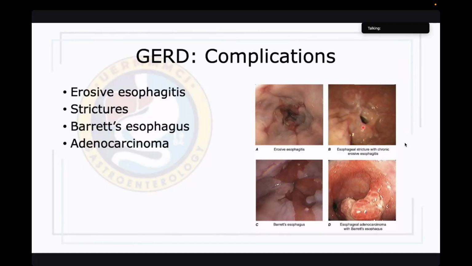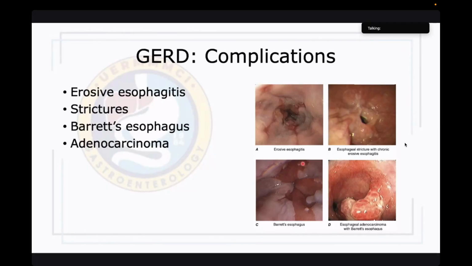If with stricture, there may be a need to do dilation. While the incidence of erosive esophagitis and strictures have decreased, the incidence of Barrett's esophagus has continued to increase. This occurs in 5 to 15% of patients with reflux esophagitis.